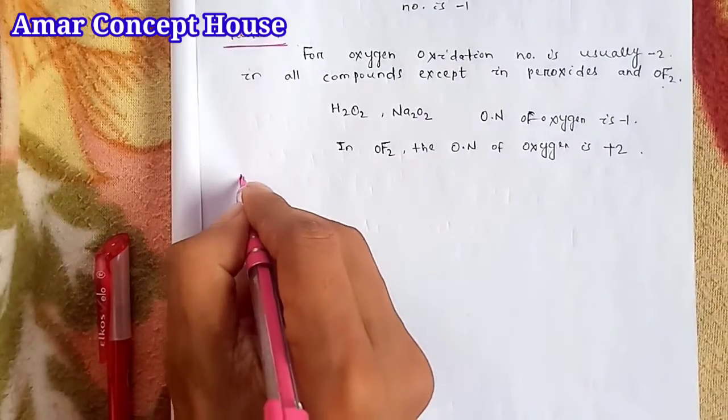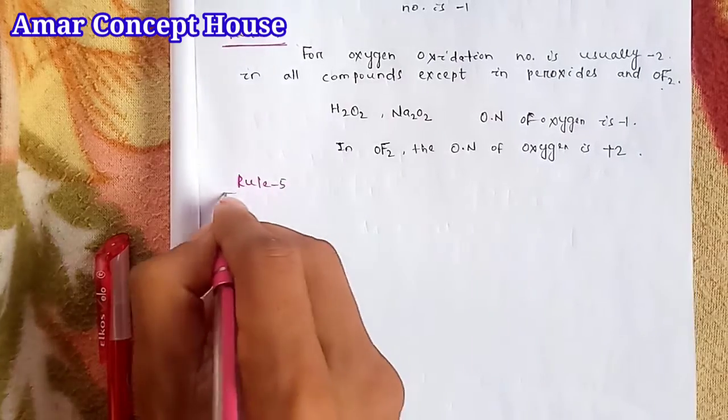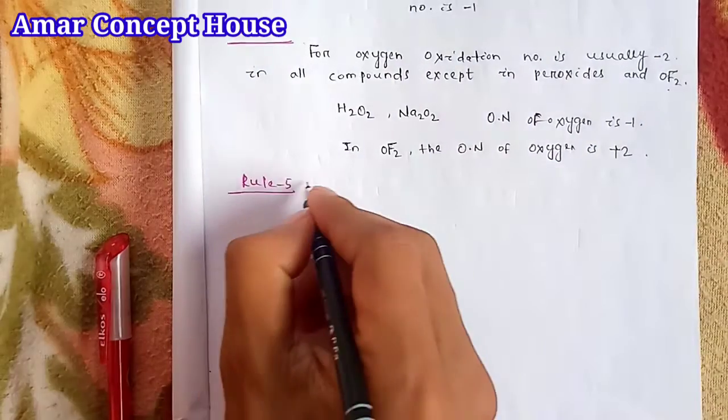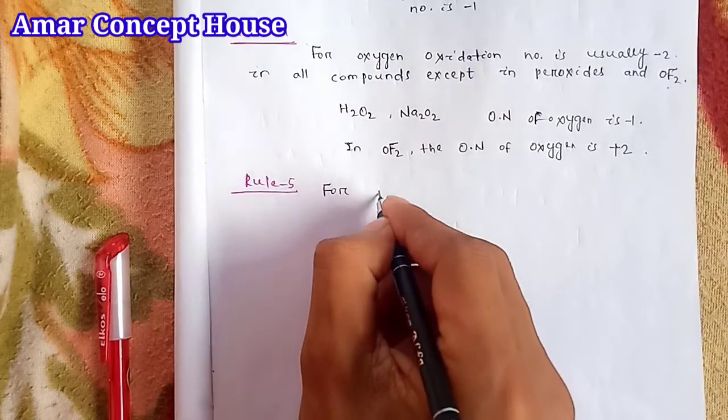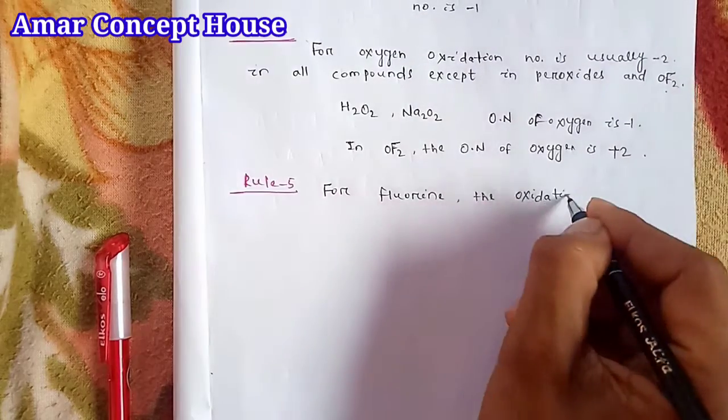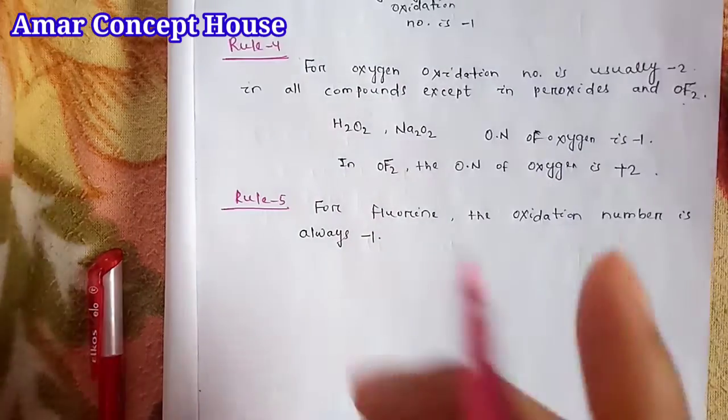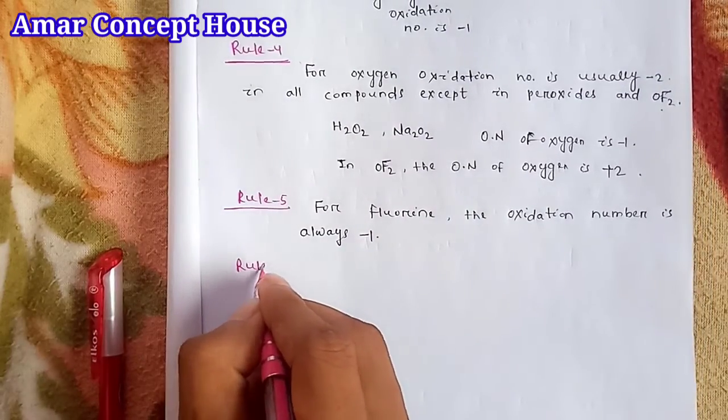Now rule number 5: for fluorine, the oxidation number is always -1. Now come to rule number 6.